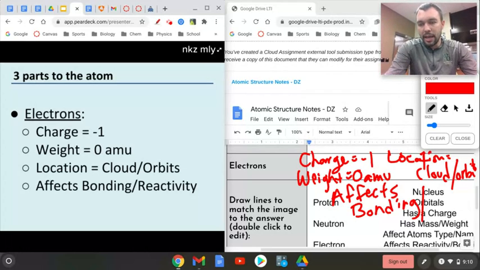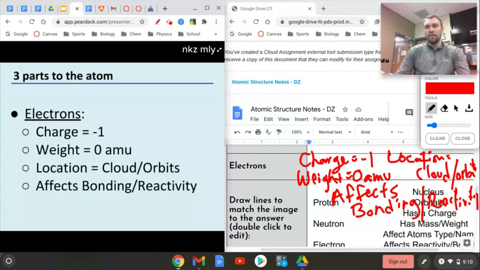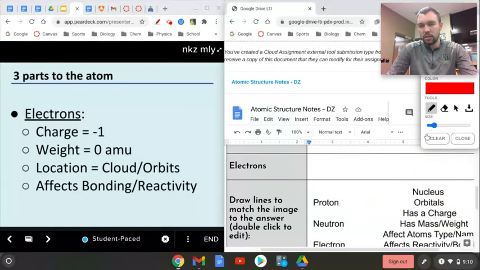So that bonding, how they bond, we call that reactivity, not radioactivity, reactivity. It's how atoms react. So have you heard of chemical reactions before? That's all based on these electrons here. It's based on the electrons, how things react with each other. And that's how we get chemical reactions.